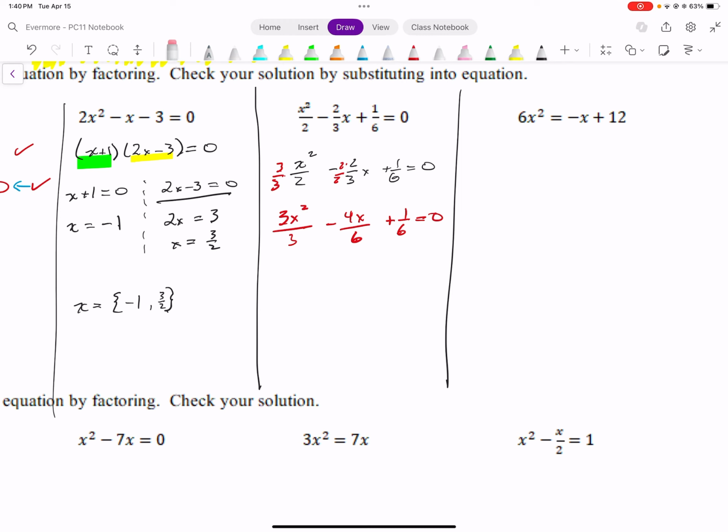Pardon me, I'm going to revisit this first term. 3 times 2 is 6. Now we're almost getting rid of all the fractions. So I'm just going to multiply both sides by 6. And what pops out but 3x squared minus 4x plus 1 is equal to 0.